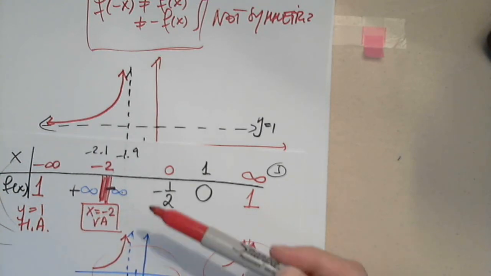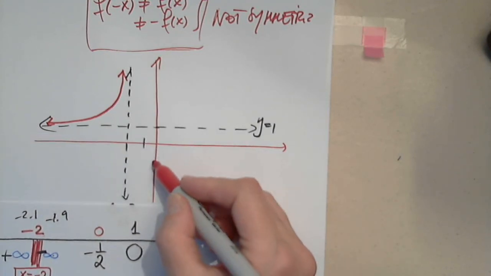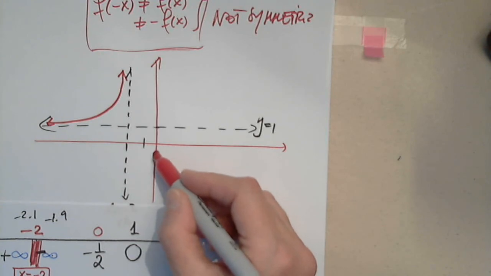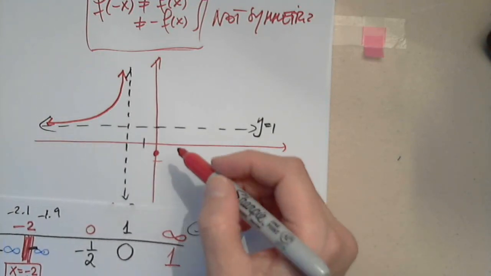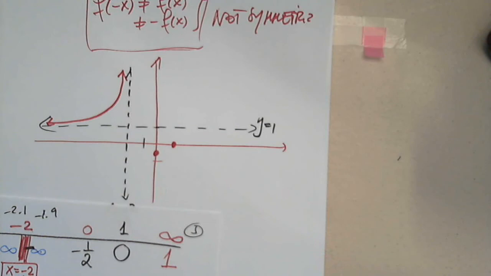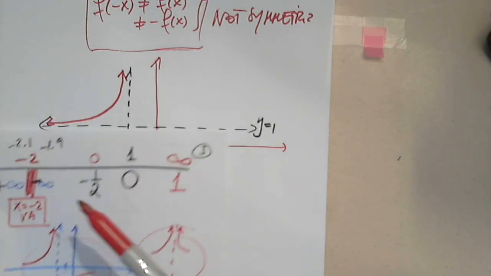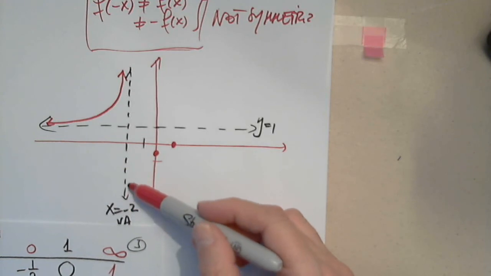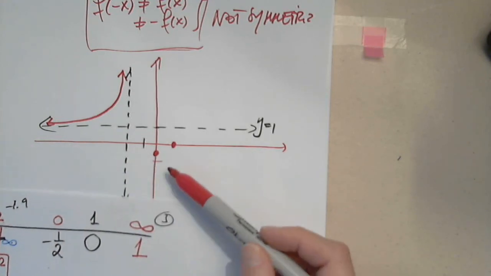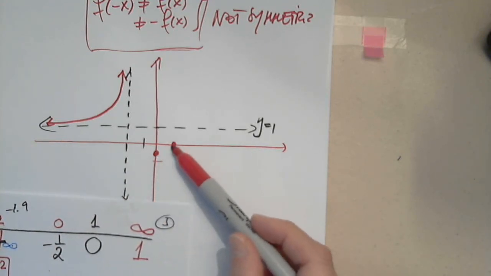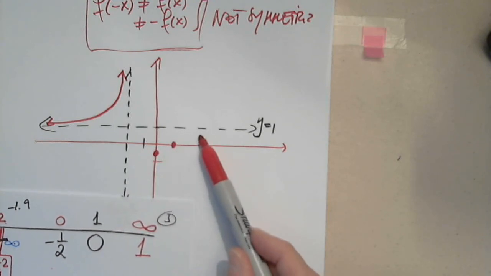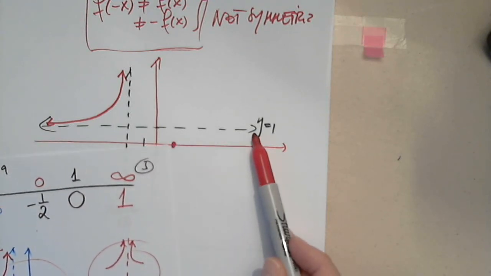Okay, let's see here. 0, -1/2 is this point. 1, 0 is this point. Let's see what this is telling me. From -infinity, cross the y-axis, cross the x-axis, and go closer and closer to 1.